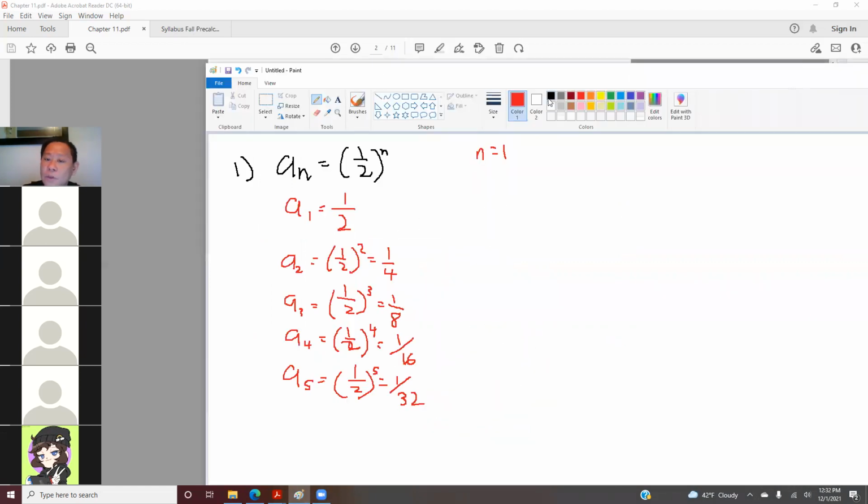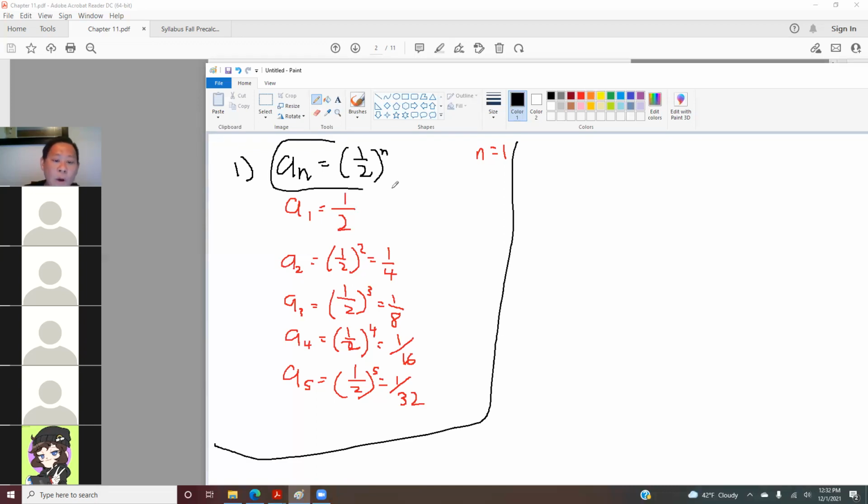But if I give you the an and I want you to find the first 5 terms, it's super easy. But what happens if I give you the first 5 terms, which are 1/2, 1/4, 1/8, 1/16, and 1/32?